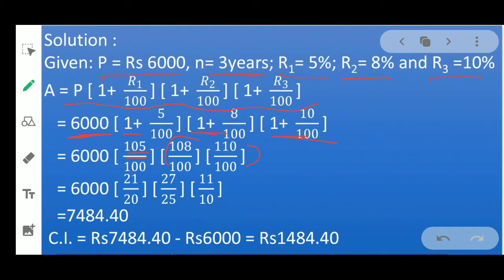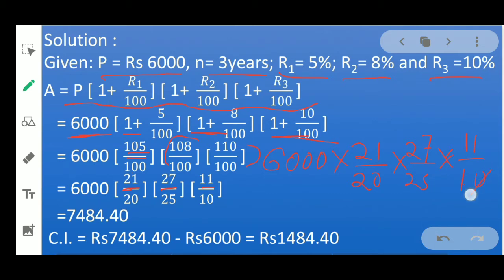Now if we divide this, we'll get 21 by 20, and this will be 27 by 25 and 11 by 10. Let me write down first. 6000 into 21 by 20 into 27 by 25 into 11 by 10.